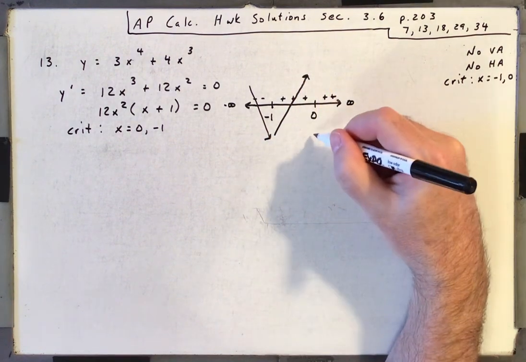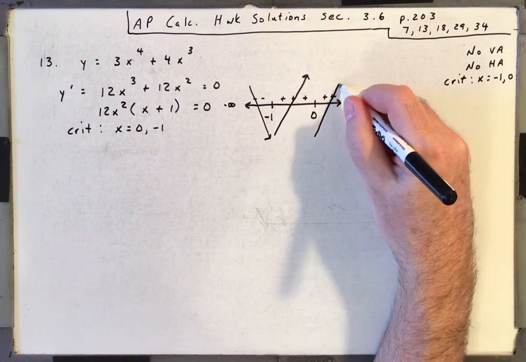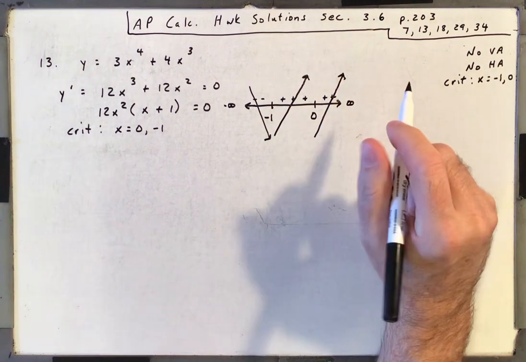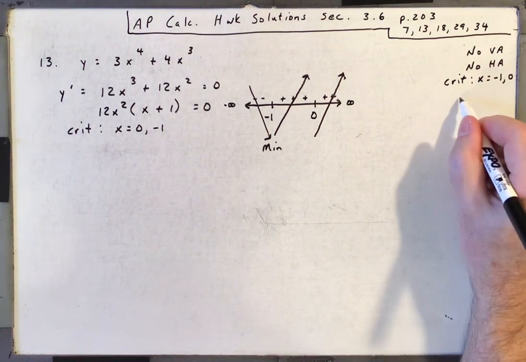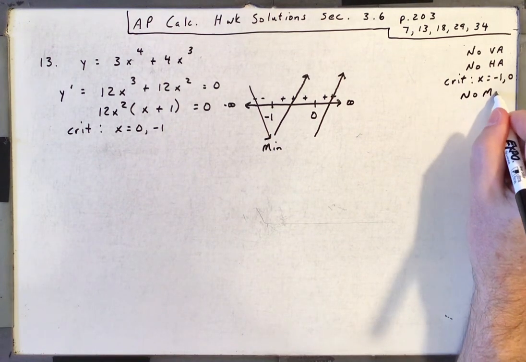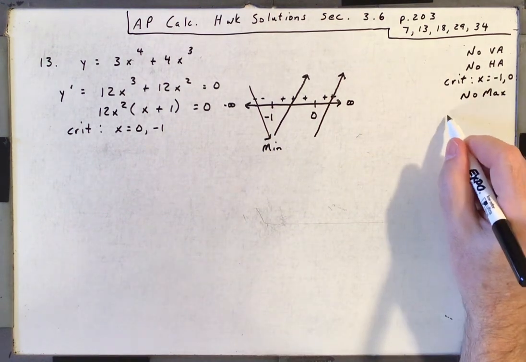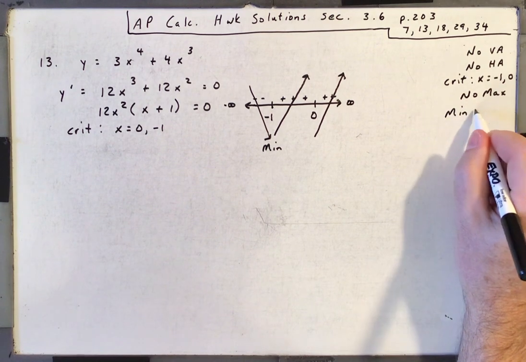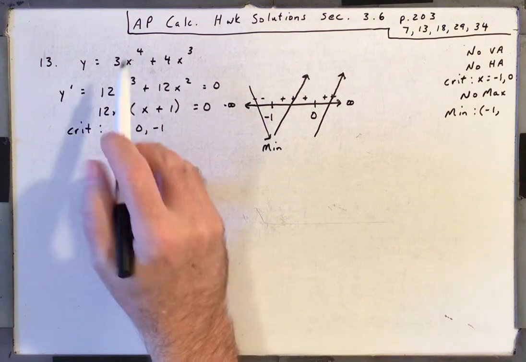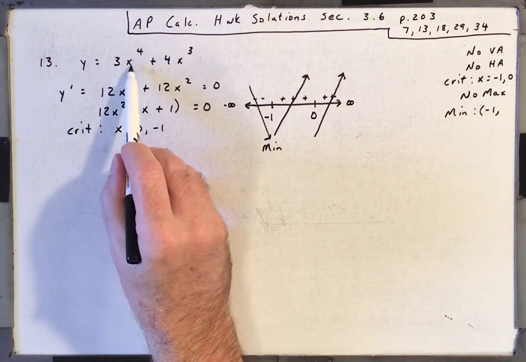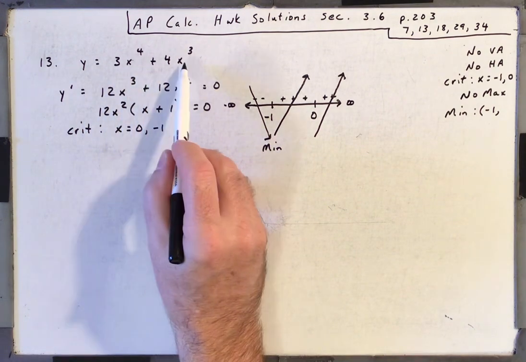And there's no vertical asymptote, so we probably have a horizontal spot in the graph. We do have a minimum. So there's no max. We do have a minimum. It's at the point negative 1. And if we plug in negative 1, that would be 3 plus negative 4.